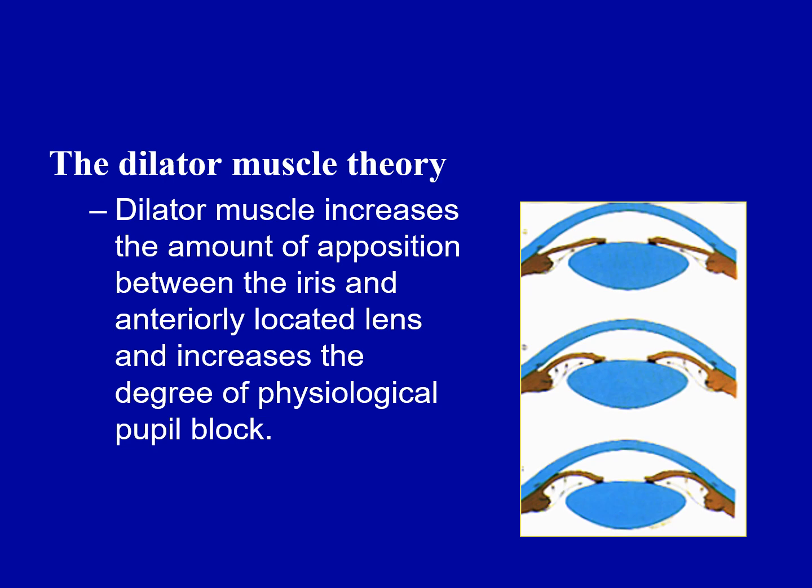In this picture, you can appreciate the sequence of happenings in acute narrow angle glaucoma. In the first picture, you can appreciate the firm apposition between iris and lens causing resistance to the aqueous outflow.